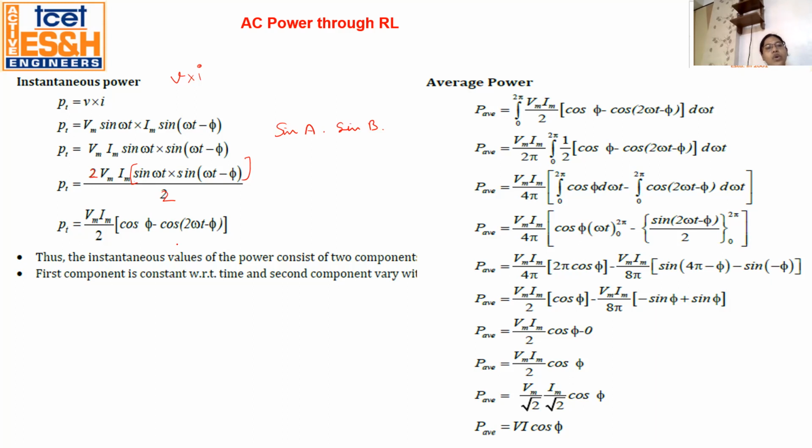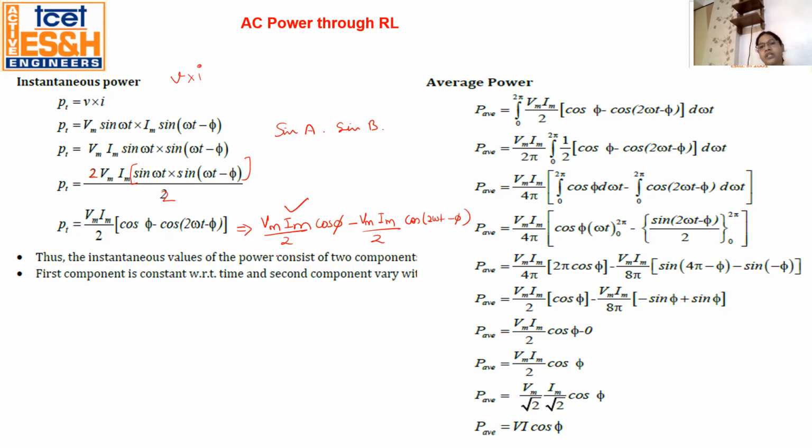Here you observe that the power has two components: Vm Im by 2 cos phi, and minus Vm Im by 2 cos 2 omega t minus phi.